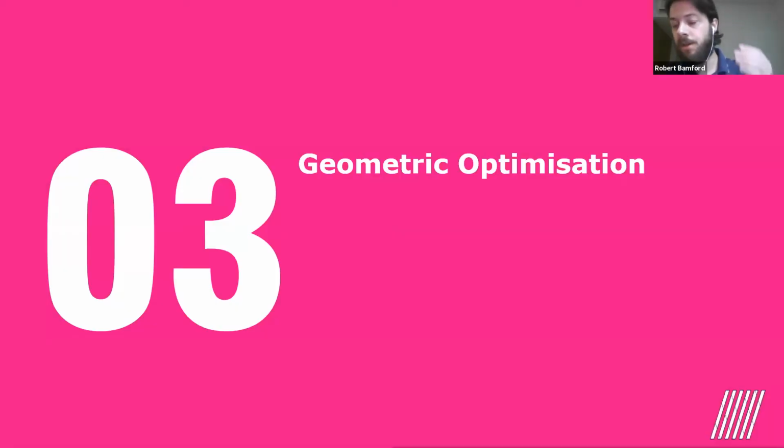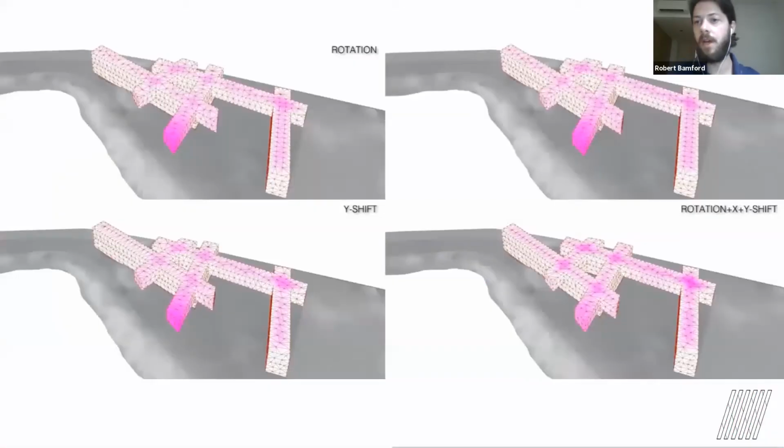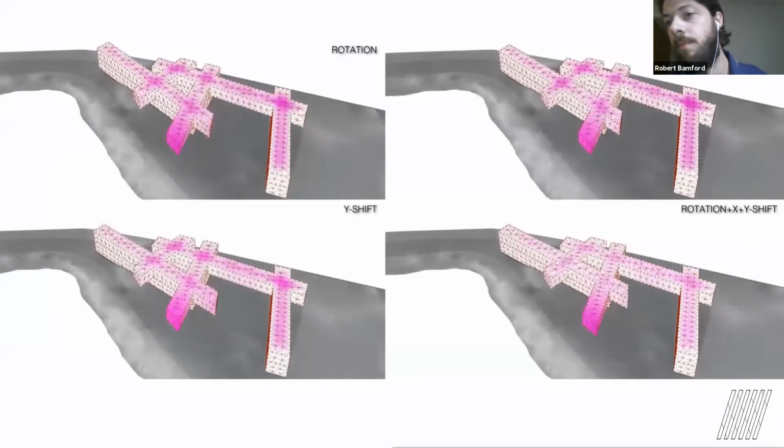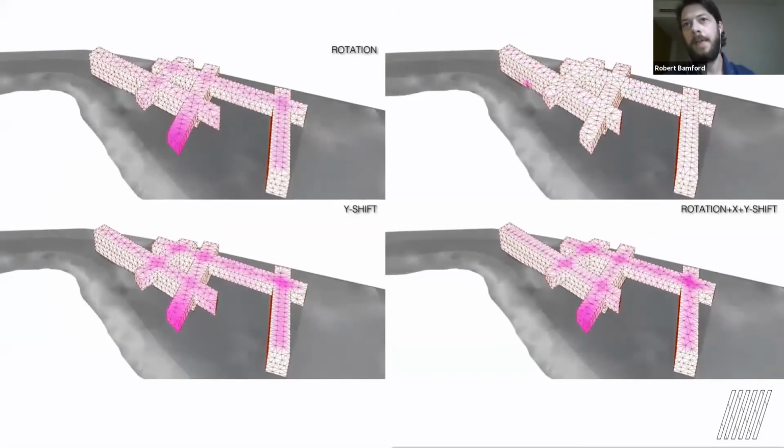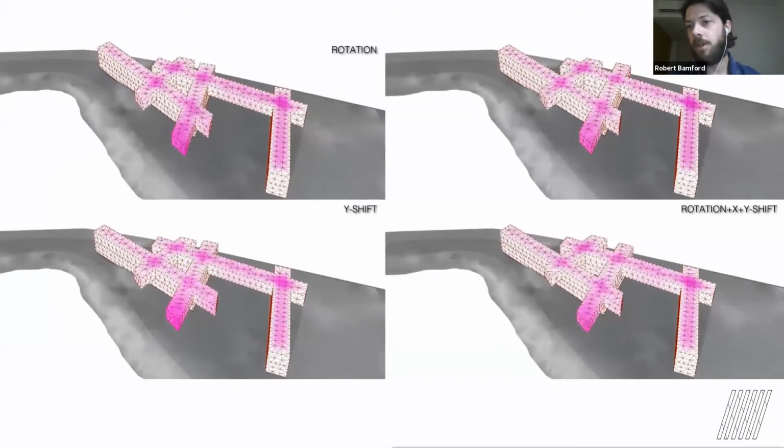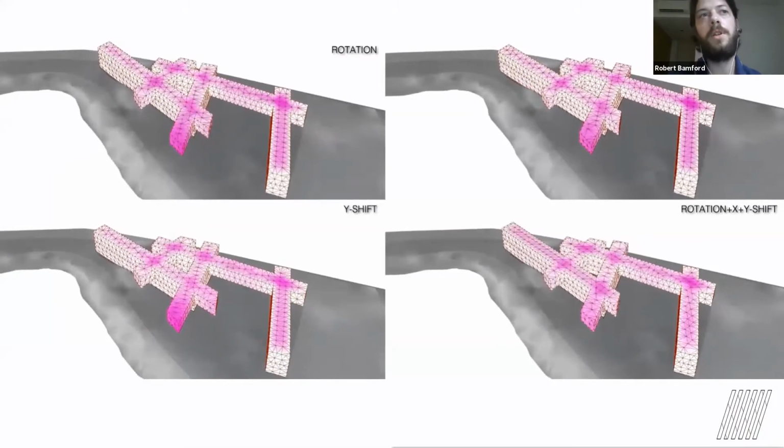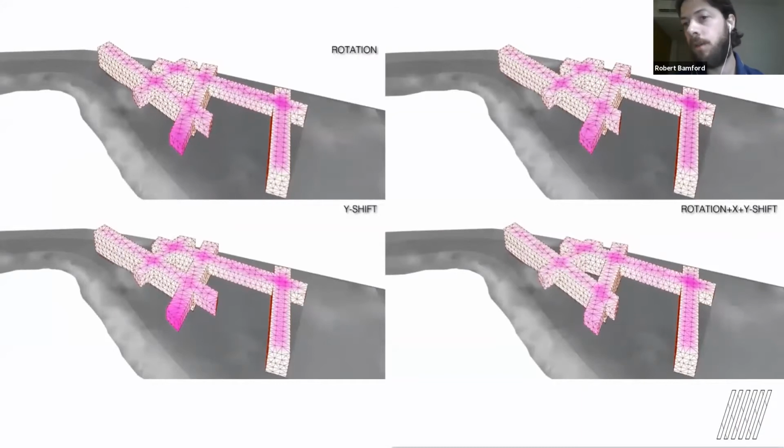Moving then into geometric optimization. So the previous studies have had a predefined geometry or a geometric zone. This topic is now about manipulating the external geometry so that we can then look to find other efficiencies and improvements. So this is that same project as before, and here what we're doing is we're just manipulating the intersection positions of these bars.